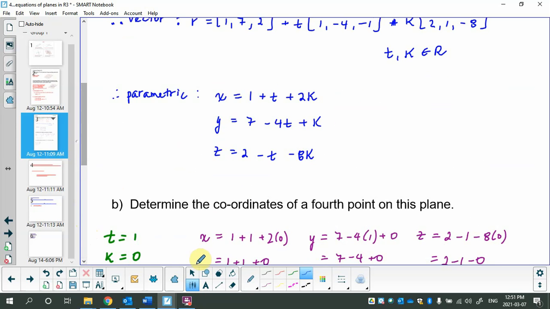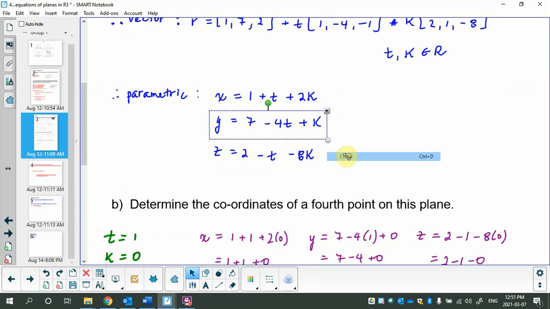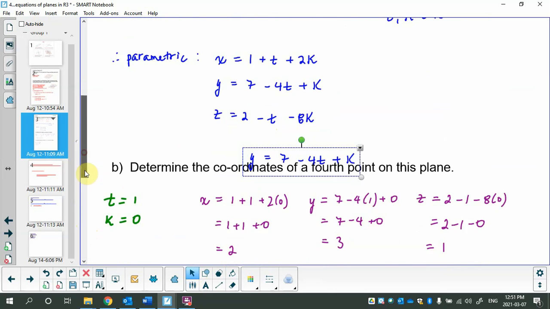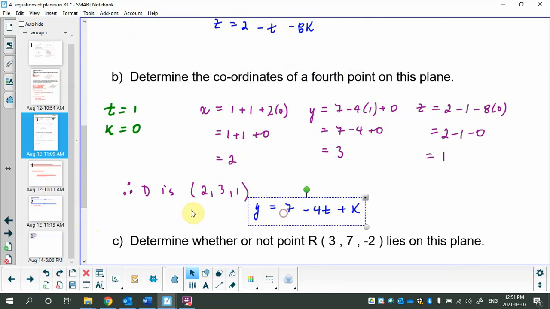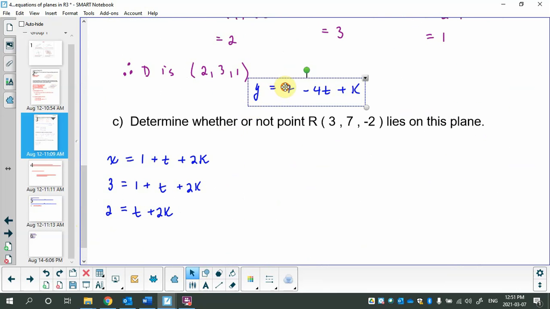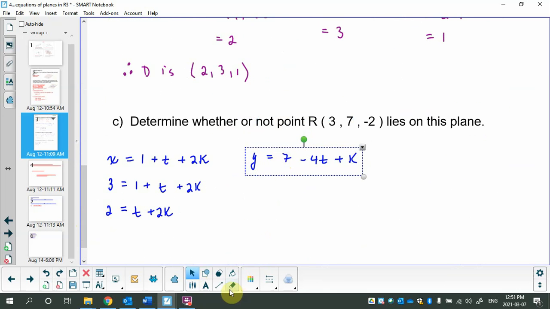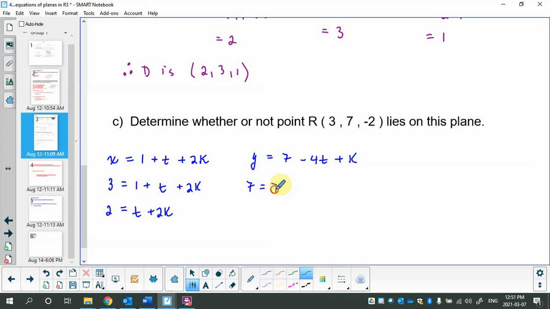Then I'm going to steal this one. I'm going to put 7 in for the y. And I'm going to clean it up. So 7 on the other side will be subtract, so that's 0 equals, I'm going to say k minus 4t, because I like my positives first.